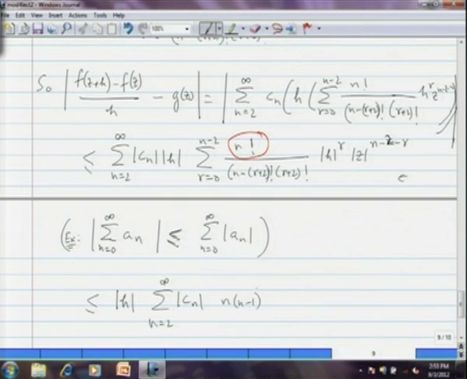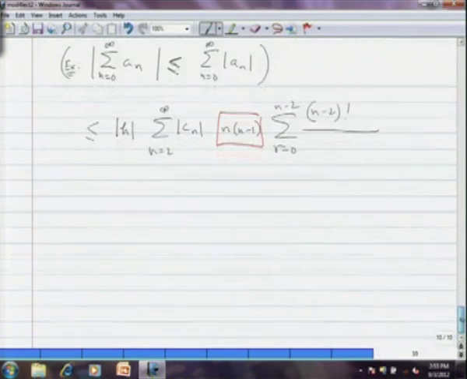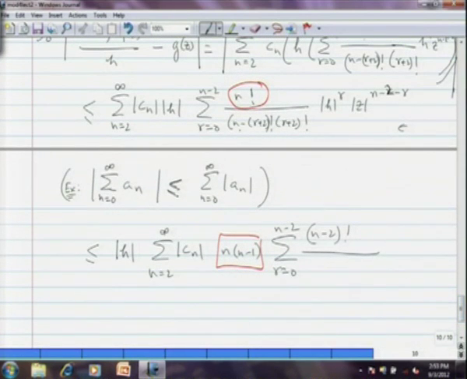So, what I will be left with is n minus 2 factorial. Okay. So, here is n minus 2 factorial within the sigma r equals 0 through n minus 2, and I will rewrite the denominator n minus r plus 2 factorial as n minus 2 minus r factorial.